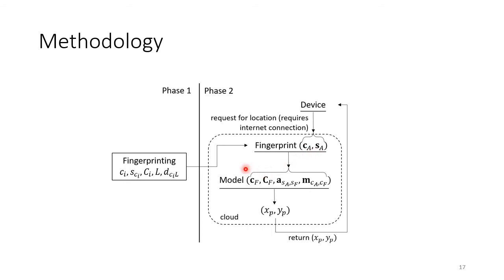Then, based on these vectors, the system looks for the most similar vector of CID, the corresponding cell coordinates, and creates the alignment vector and matching vector. All these parameters create the specific model for the current request. The solution, that is xp, yp, is then sent back to the device.